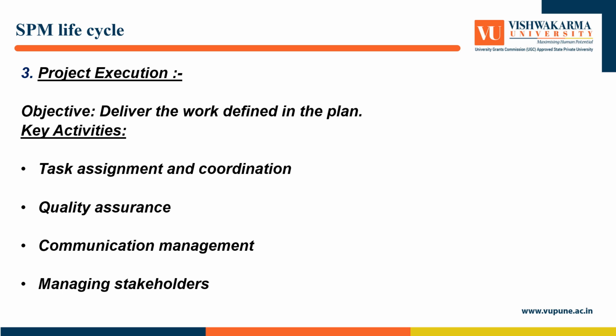The activities are task assignment and coordination. Everyone should be assigned a task and coordinate it. Quality assurance. Keep in mind that the quality must be great. Communication management. Through communication you can see the work done on the project. Managing stakeholders.